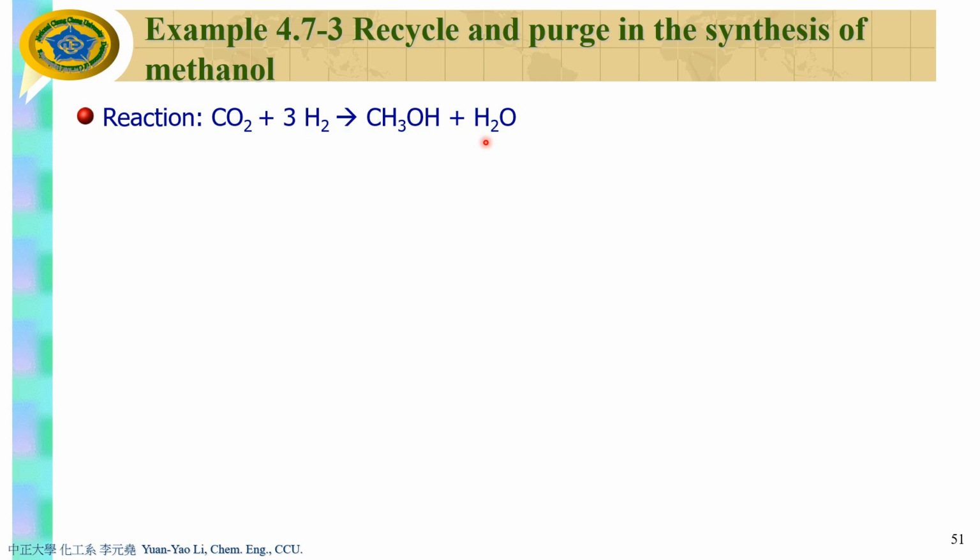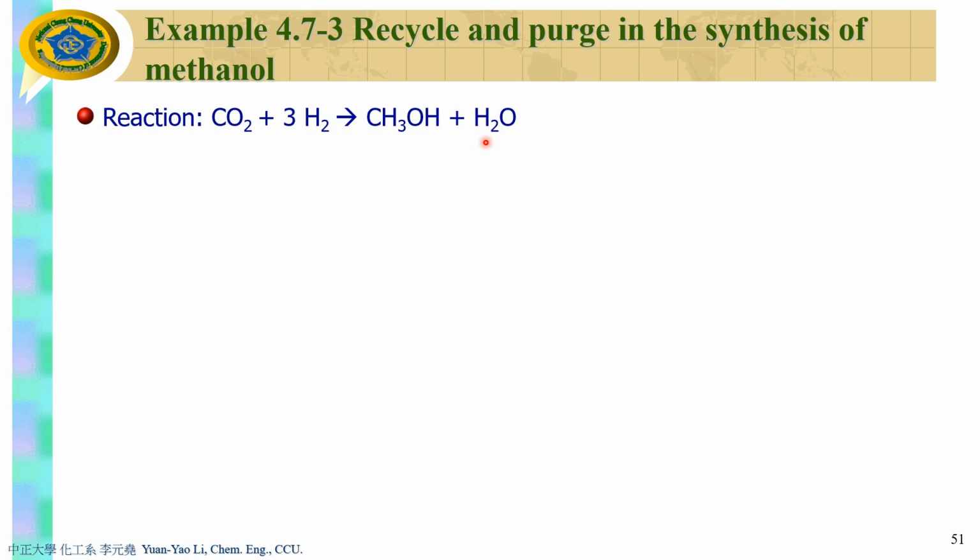Why do we need inert gas in this system? Because if you put 100% pure hydrogen into a reactor, it might cause danger because hydrogen is a flammable, explosive gas, right? So you need to have a kind of inert gas, so the concentration of the hydrogen won't be so high.